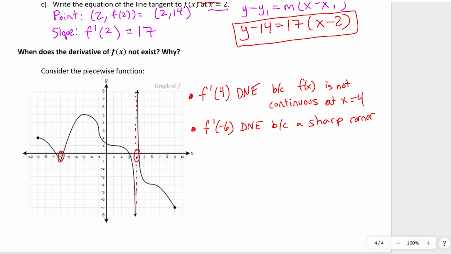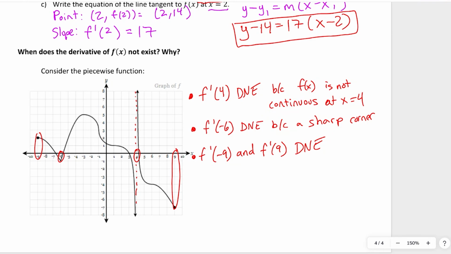Two other places that fall in the same category here are at -9 and 9. What both of these locations have in common is that they're endpoints to the graph. In order for you to calculate the slope at a point, the function must continue on from the left and to the right.